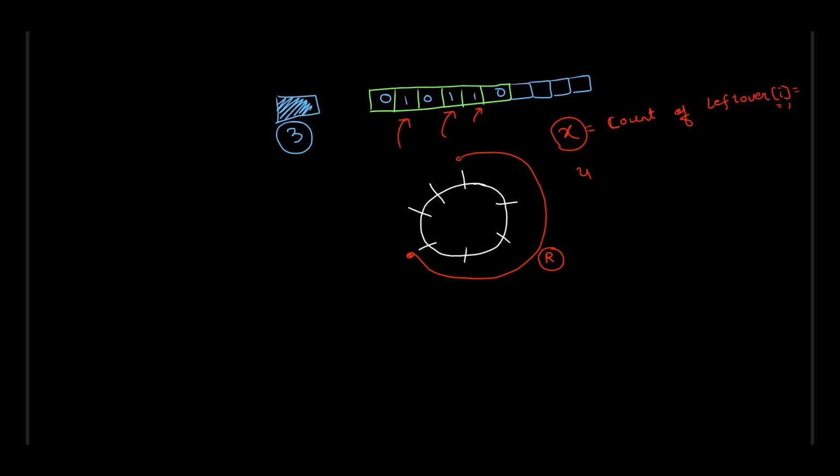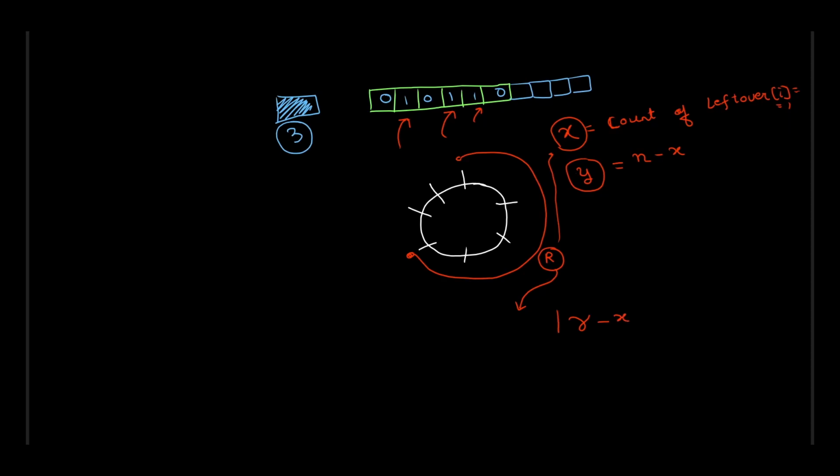And if you define Y as the remainder, basically Y will be all the people who do not have a 1 at that position. So Y is nothing but n minus x. Now notice that in this set of R people, the position of x people is fixed because they have to be present in this circle. So what is remaining? The remaining amount that you have to get should be equal to R minus x.